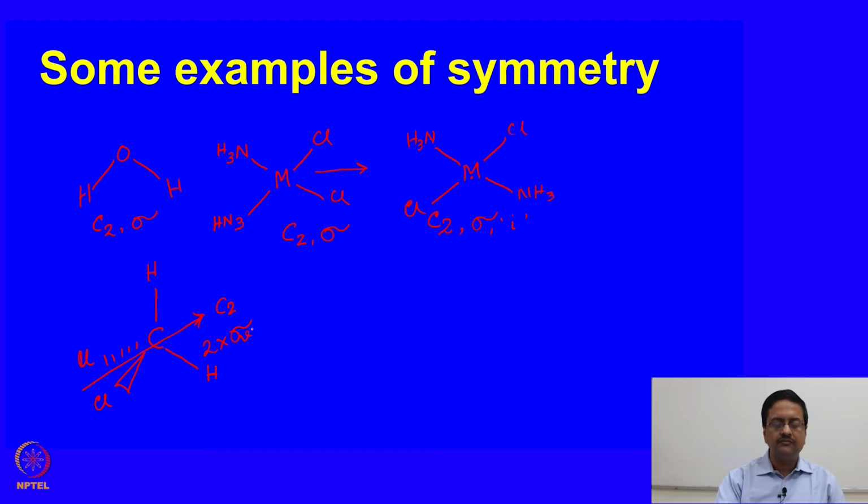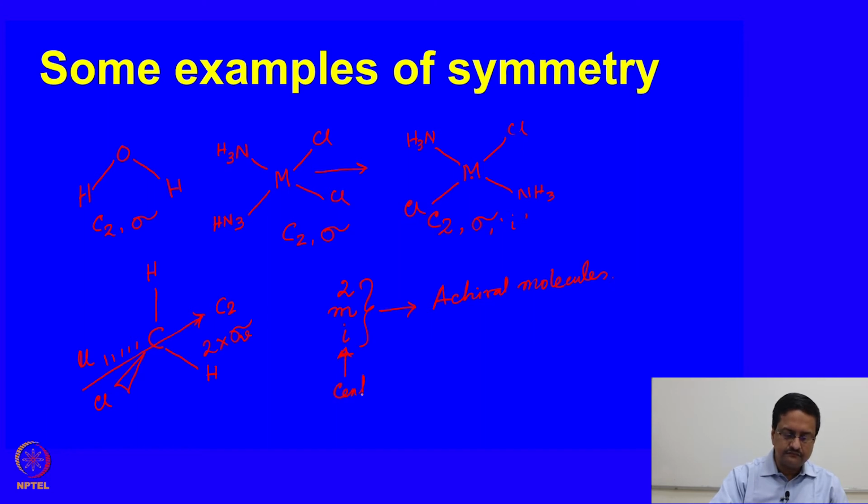So when any molecule has this kind of symmetry elements, either a two-fold axis, a mirror plane, or an inversion center, these molecules are termed achiral molecules. The molecule containing i is called a centrosymmetric molecule.